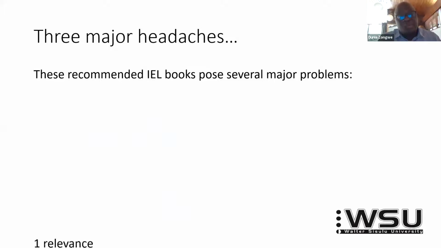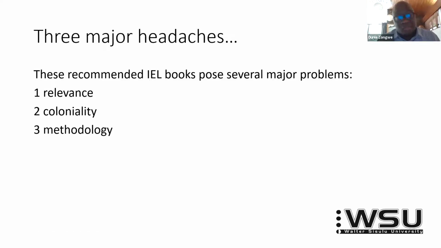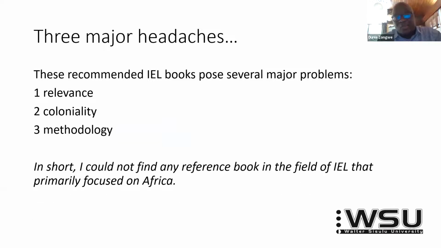They pose a number of problems: a problem of relevance, a problem of coloniality of knowledge, a problem of methodology, the way information was presented in those texts, which, as I said, are nevertheless of very high caliber. But I would say that, in short, the greatest headache was the fact that in the library, I could not find any reference book in the field of international economic law that primarily focused on Africa.